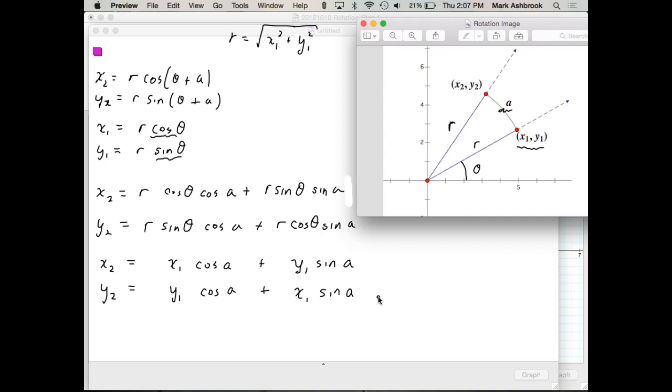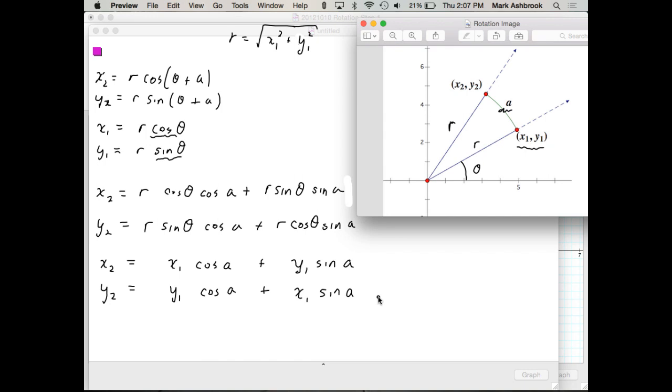Is this helpful? Are we making progress toward our goal? This is really good progress, right? What did we say we wanted to do? We wanted to write x2 and y2 in terms of x1, y1, and a, and that's exactly what we've done, right?